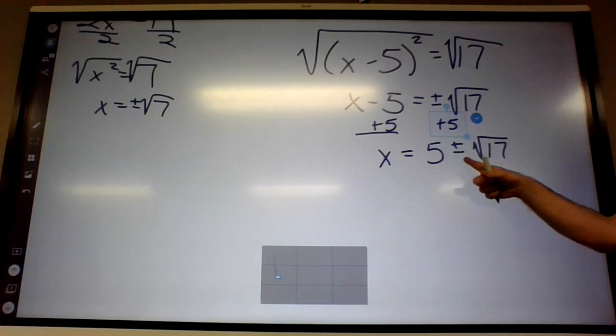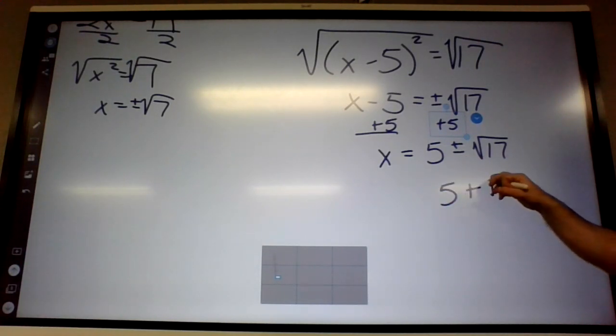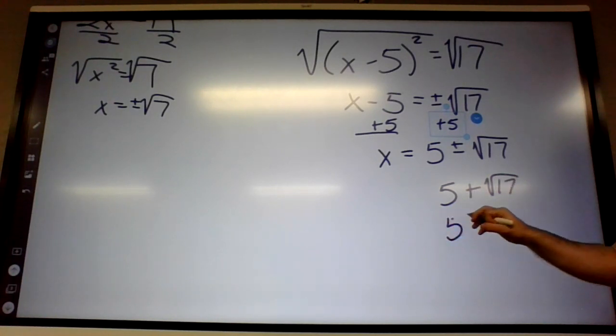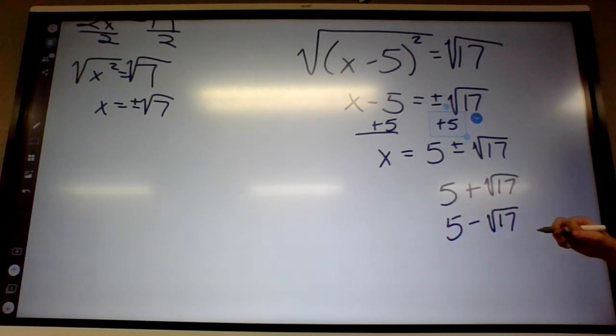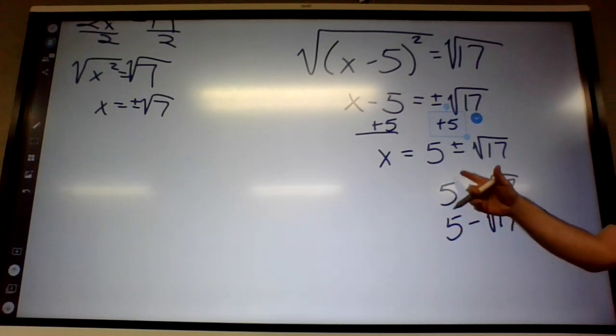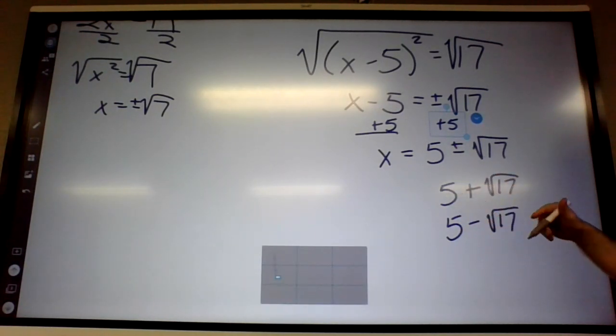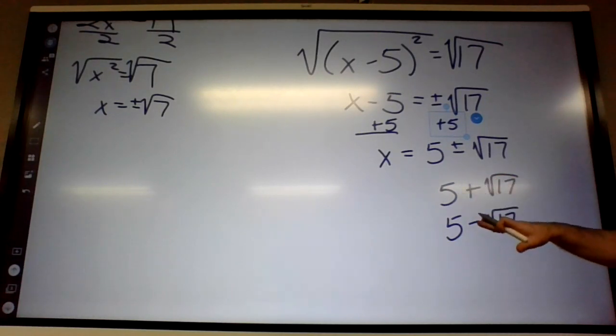That's actually two different answers: 5 plus square root of 17 and 5 minus square root of 17, which are really weird decimal answers. That's why we don't change it. So anyway, that's two answers. It's just the neatest way to write it. With the plus or minus, if you put that, it'd still be correct.